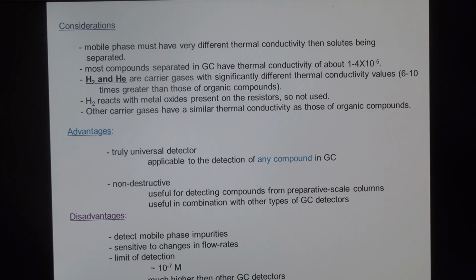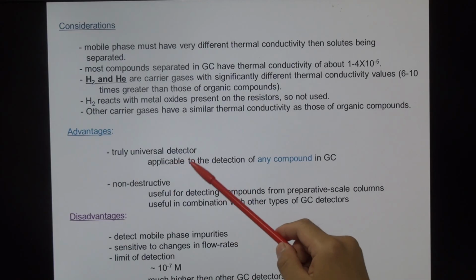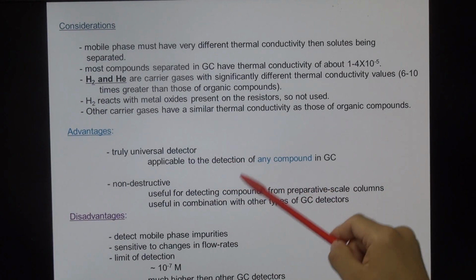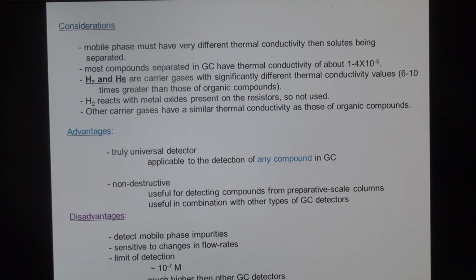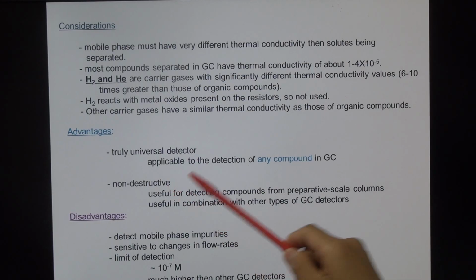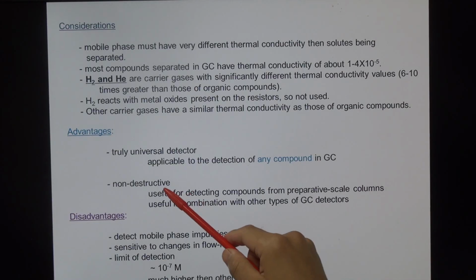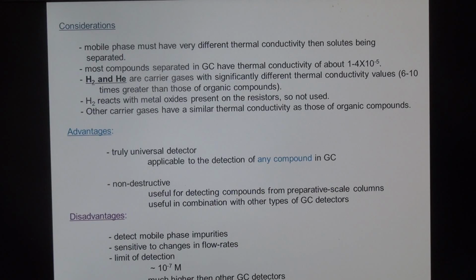If you compare the advantages and disadvantages of this TCD, they are really a universal detector. They can be used for the detection of many different kinds of compounds. They are non-destructive, so after measuring the presence and amount of sample, they do not destroy the compounds. Okay.